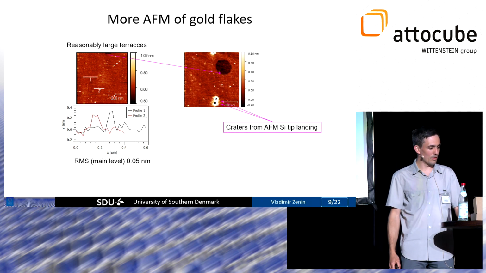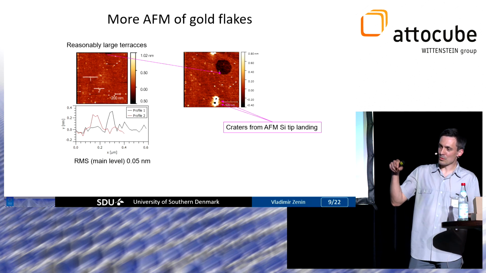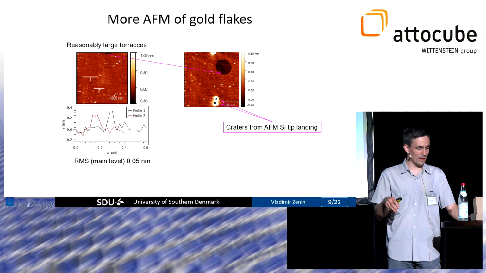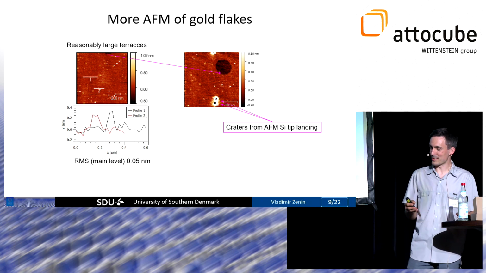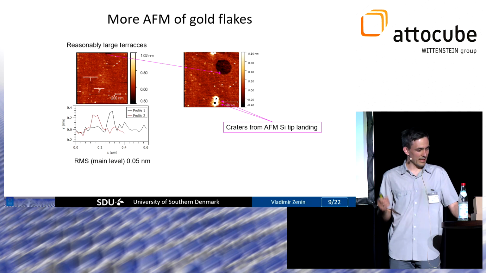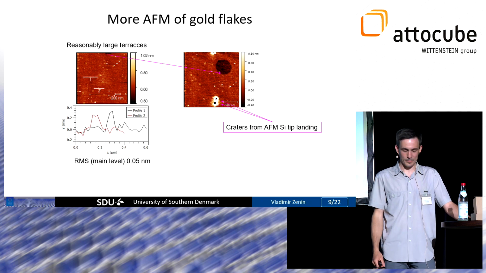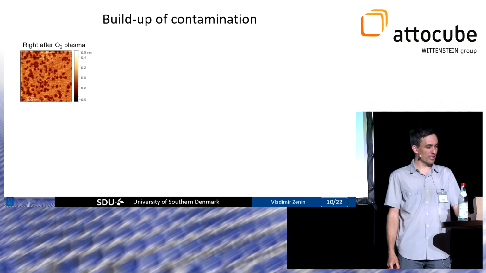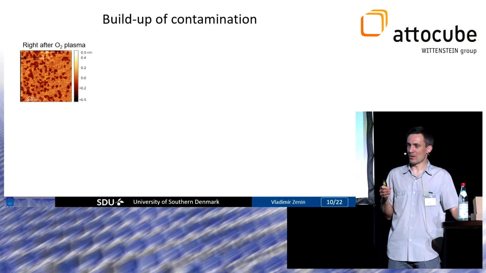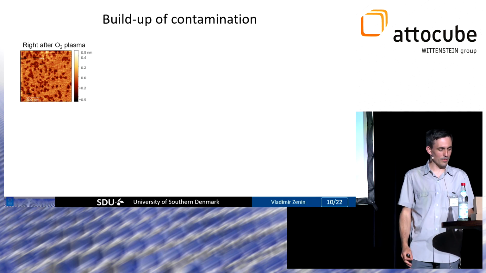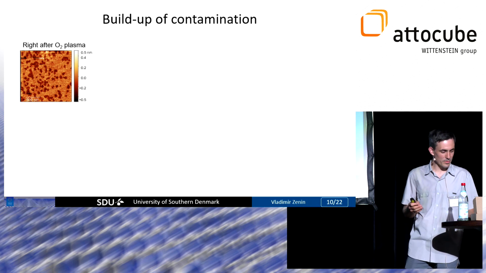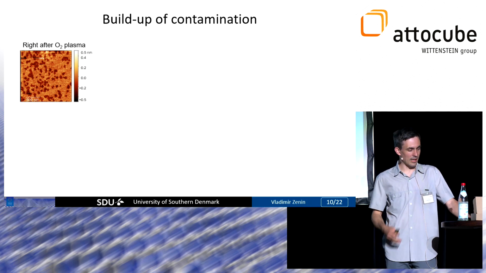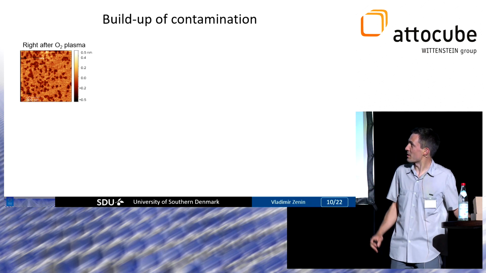And then we also found that once you do the approach of the IFM, it leaves some crater afterwards. So the gold is really soft. And the IFM tip was an uncoated silicon tip. Then we decided to see how contamination grows in time. So we took the gold flake from the plasma cleaner and started to scan it non-stop, repeating the same scan. Right after plasma cleaning, it was pretty much clean.